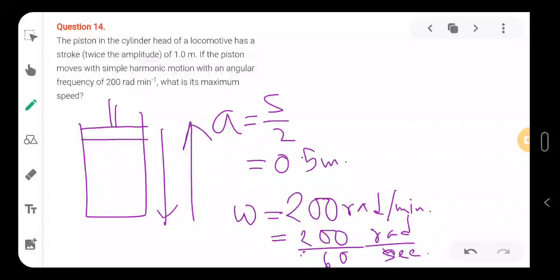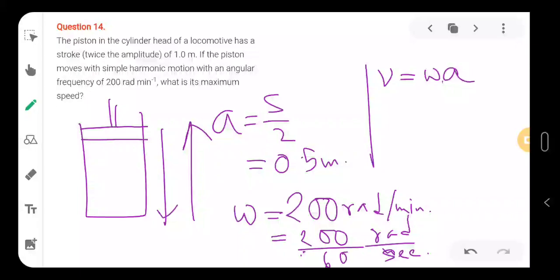Okay. What is the maximum speed? Now I know omega, I know the velocity V. I just wrote that velocity is omega into root over amplitude square minus displacement square. Here I just want to know at displacement what is the situation. So I can directly write V is equal to R omega kind of formula, that is V is equal to omega into amplitude.